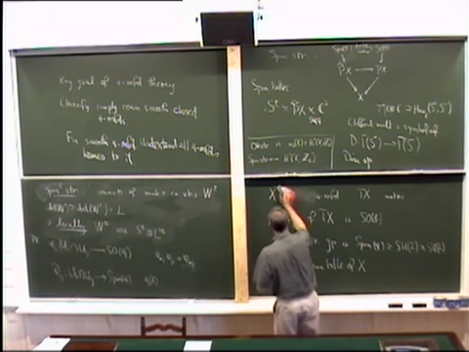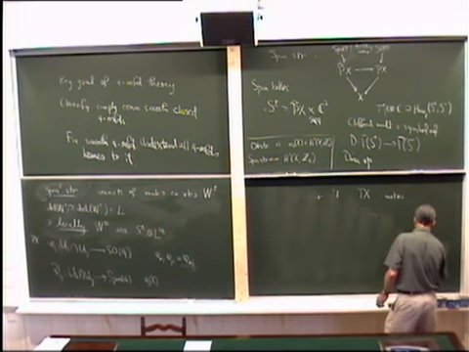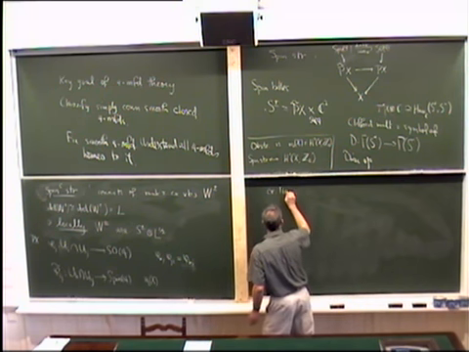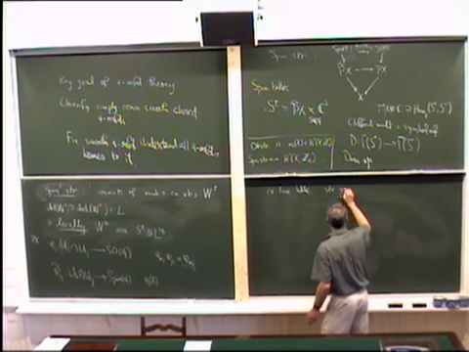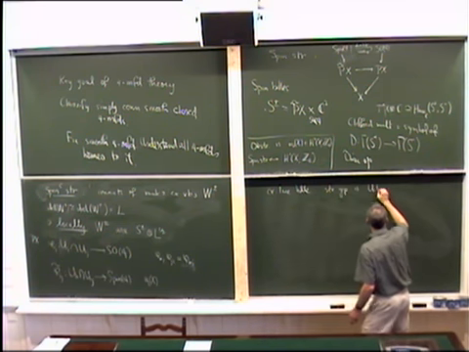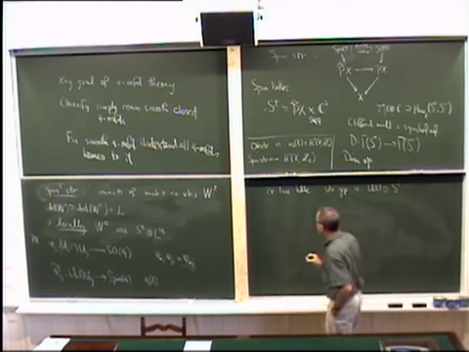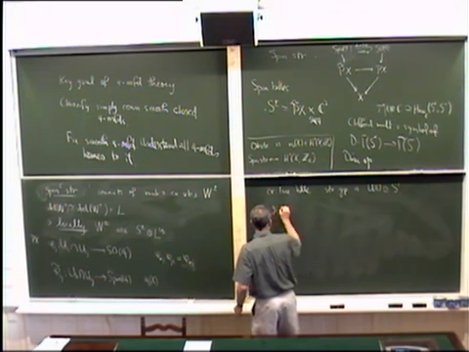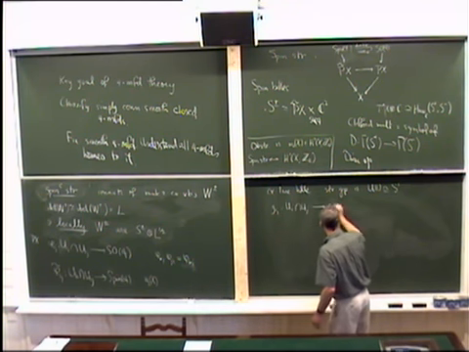On the other hand, if you have a complex line bundle, its structure group is U1, and it has transition maps Ui intersect Uj to U1.